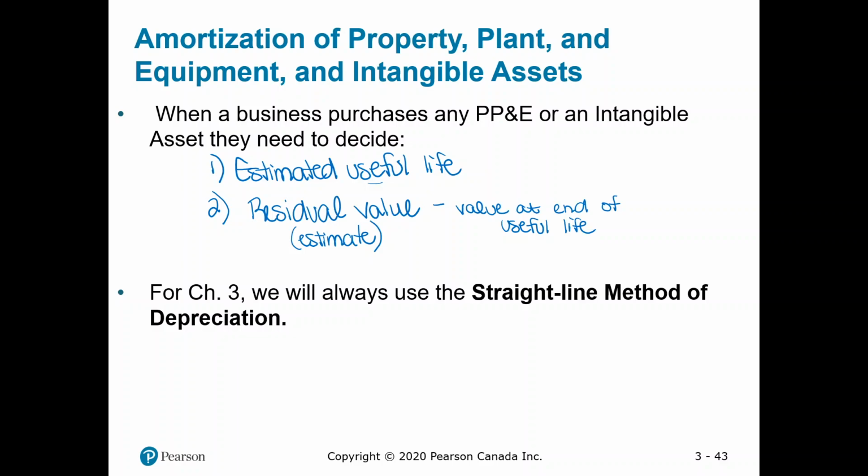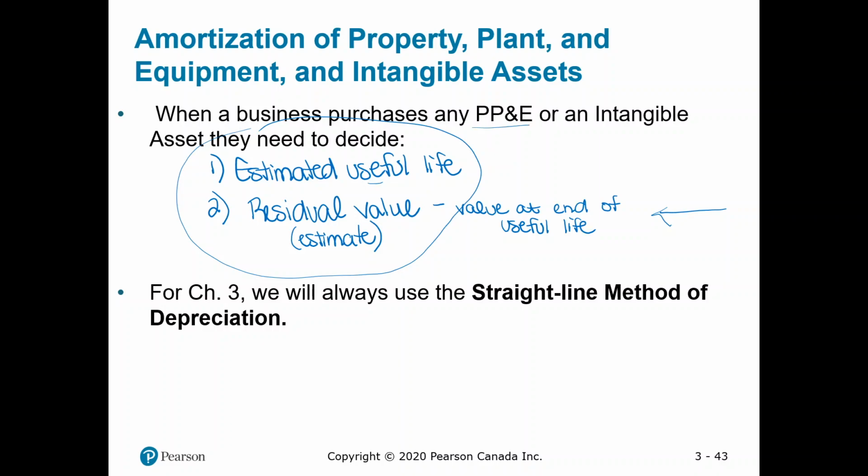So maybe you can sell it and just get a few $100s. Those few $100s would be the residual value. So we need to know these two items, and the accountant and someone in operations, they would talk and they would go through figuring these out based on the PP&E that they purchased.